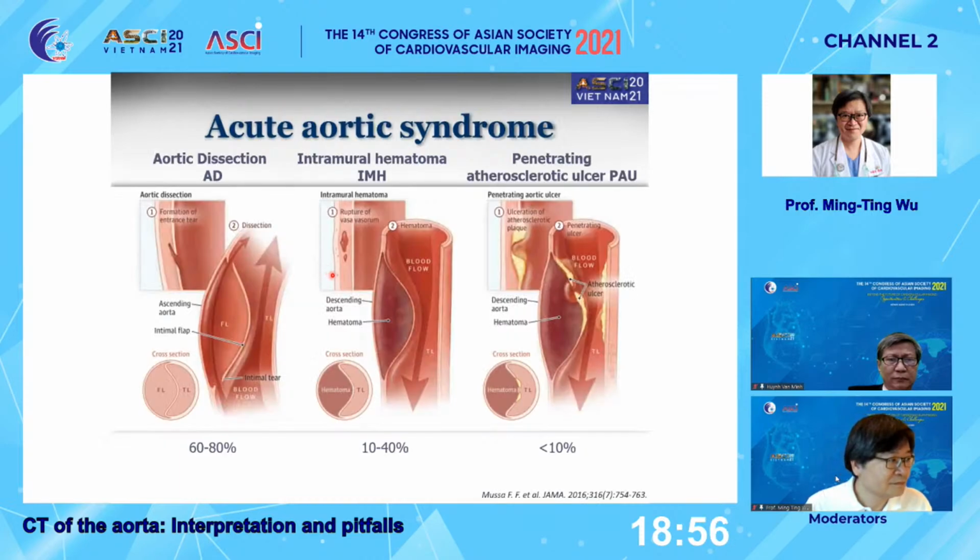Let's start from the basics of acute aortic syndrome, which comprises at least 3 major types. Aortic dissection: there is an intima defect and patent false lumen, which accounts for about 60 to 80% of AAS. Second is intramural hematoma.